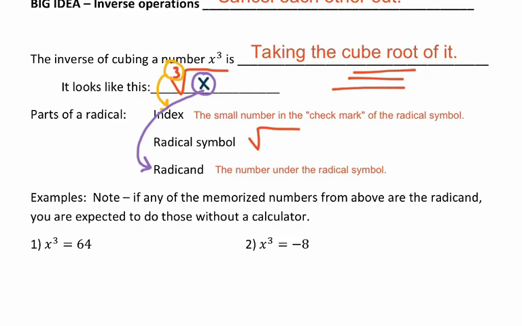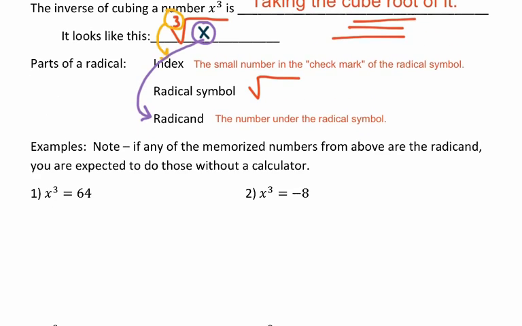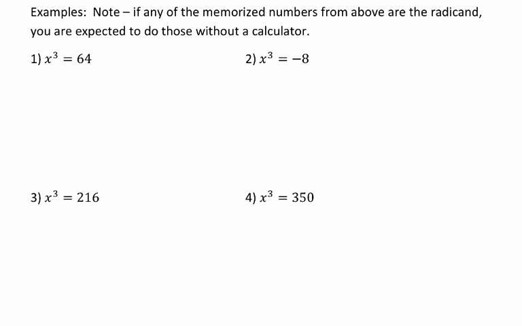So example 1 down here, we have x cubed equals 64. So what we're going to do is find the inverse of cubing, which is taking the cube root. So we're going to take the cube root of both sides. Now, don't forget that index of 3.